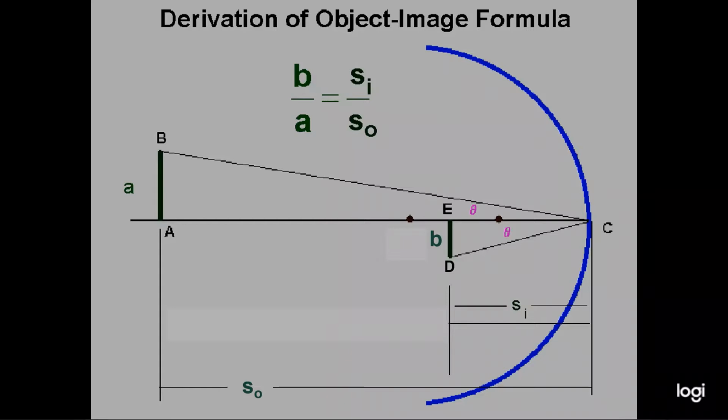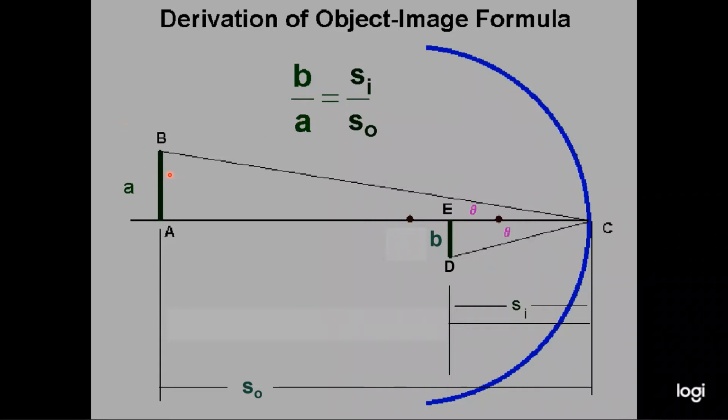So I want to derive the object image formula for the mirror. It's pretty straightforward. What I have on the screen here is an object in front of a mirror, and I'm also showing you the location of the image. We're going to do a little bit of geometry here.